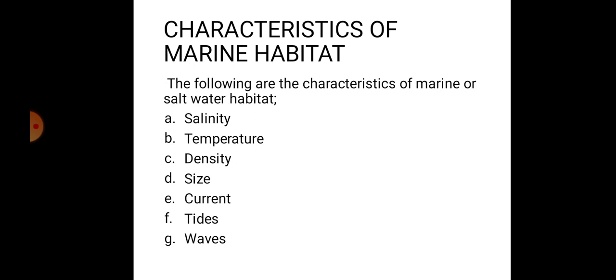The next one is the waves. Waves are movements of surface waters of the oceans, and they can take any direction and are caused by winds. Some of you visit the beach.